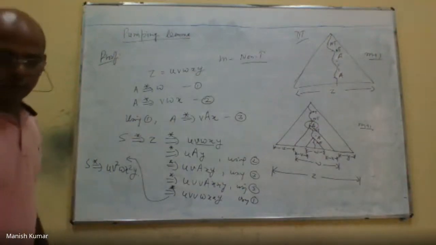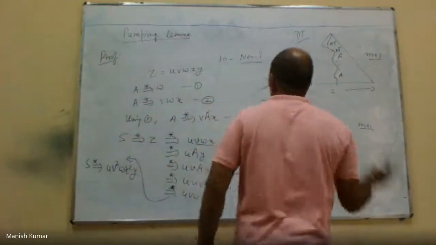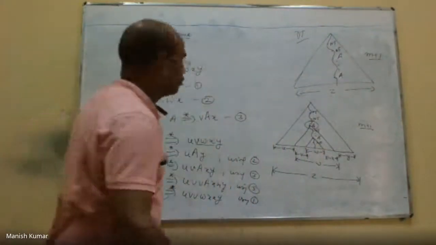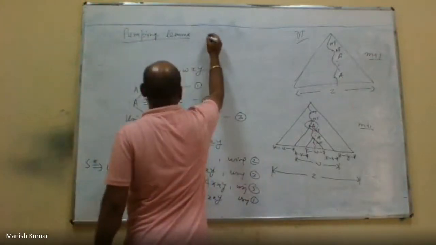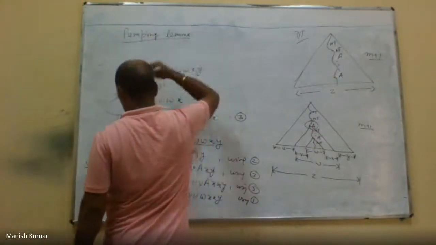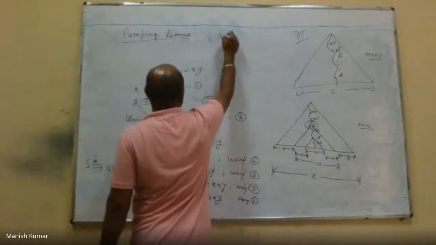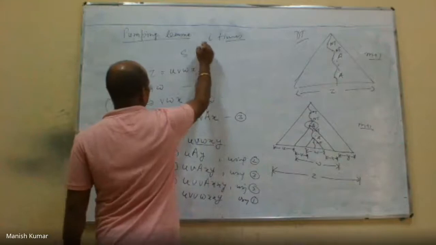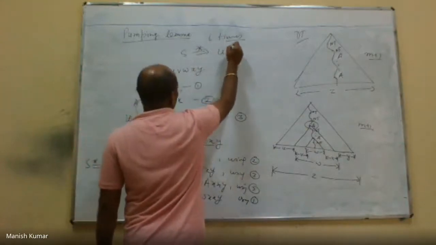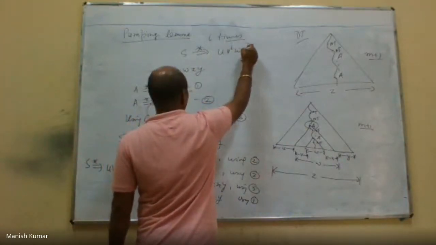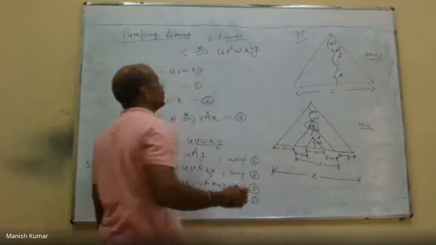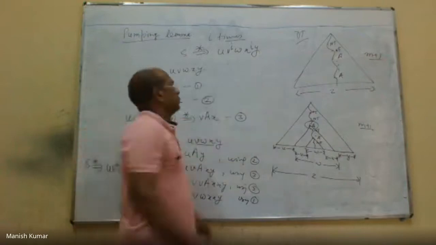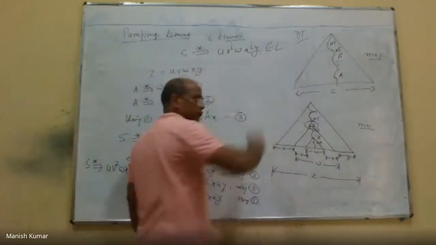So that means if I go for i times, then this can generate U V^i W X^i Y. And obviously, if a starting symbol can generate this, then this belongs to the language.